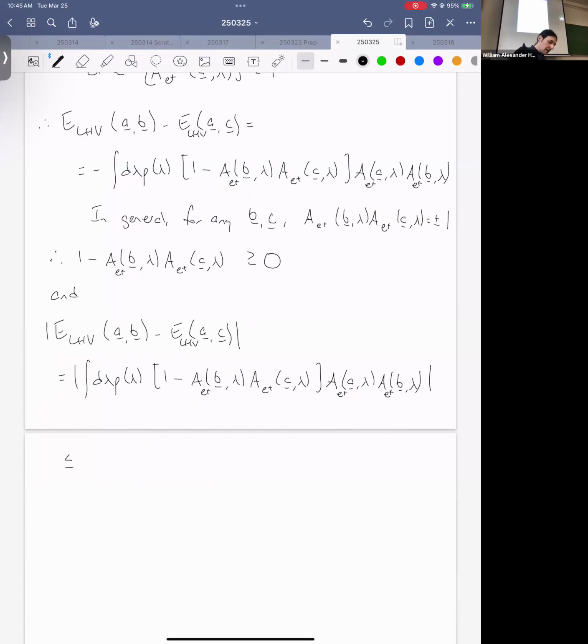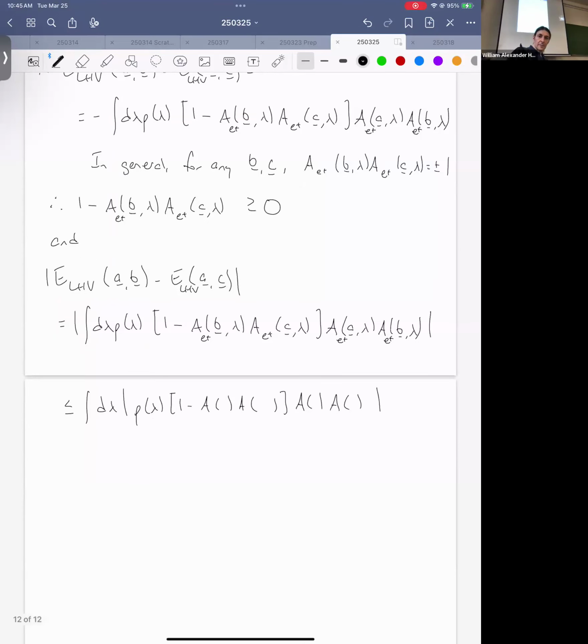Math tells us that the absolute value of an integral is less than or equal to the integral of the absolute value. And that's going to be less than or equal to the absolute value of each object.